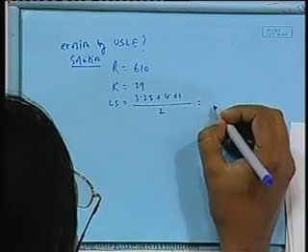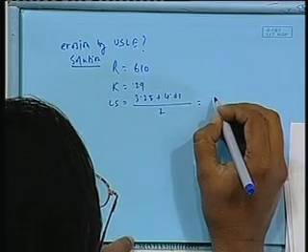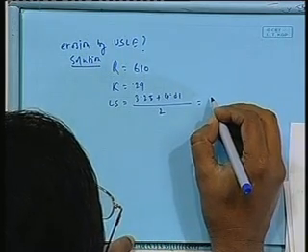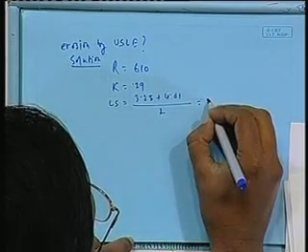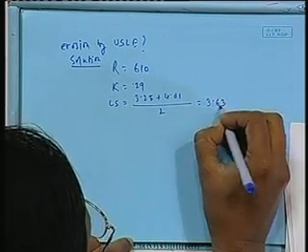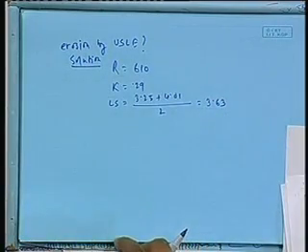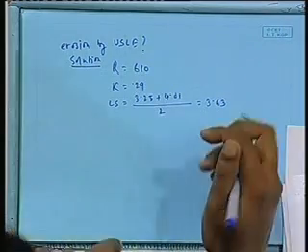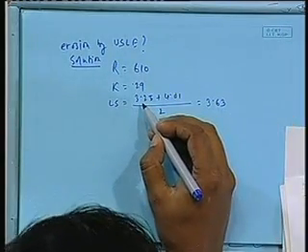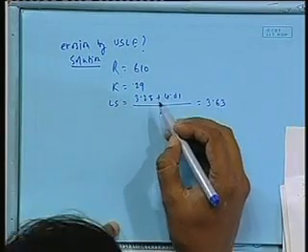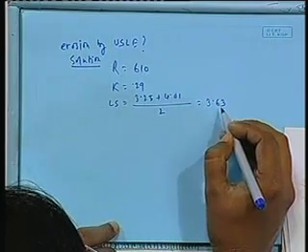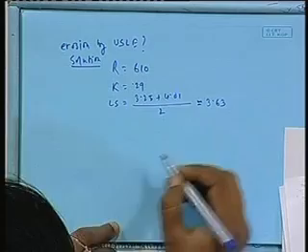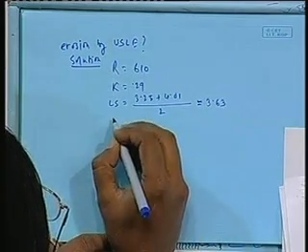So it is about coming to 7.25 divided by 2, that is about 3.63. About that? 3.25 and 4.01 divided by 2. If we could get a better value, you can find it out.